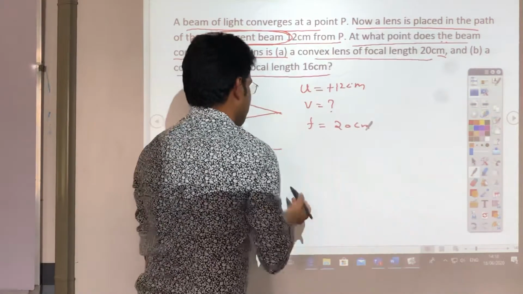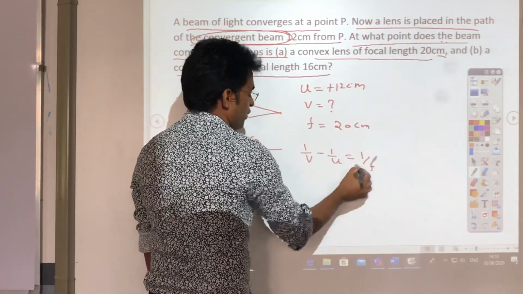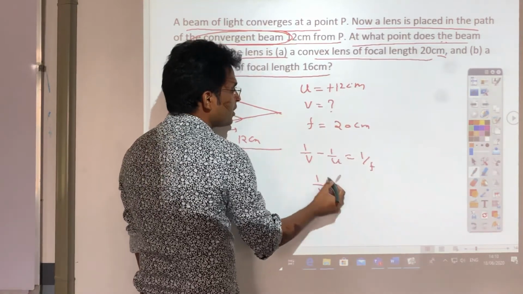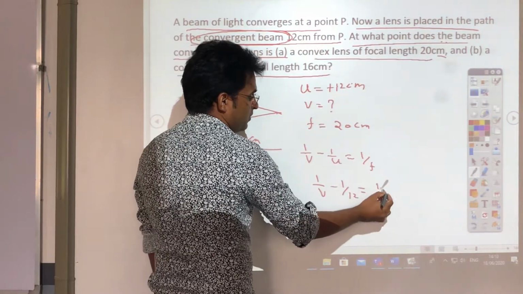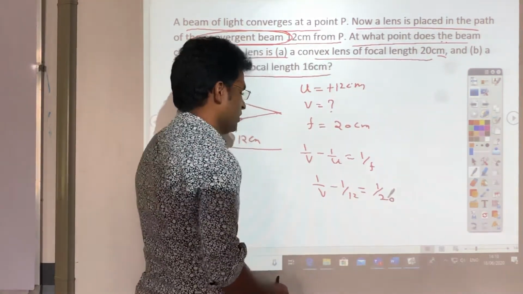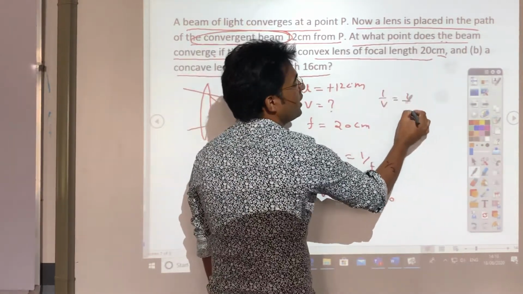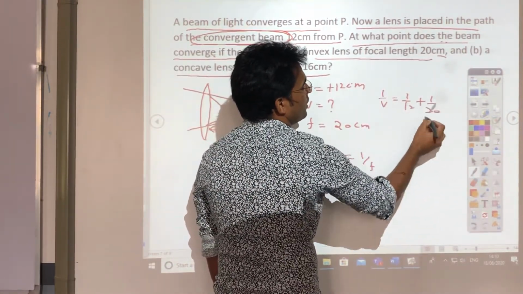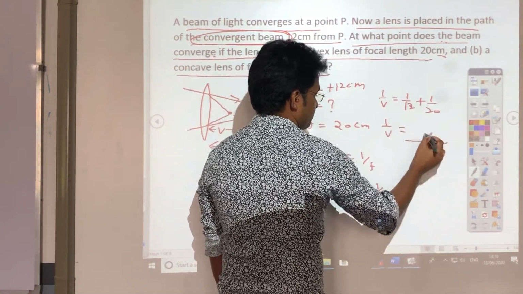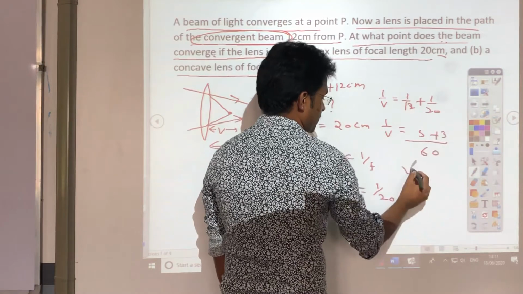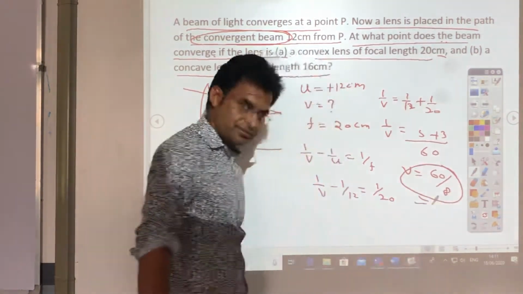Then I can solve 1 by V minus 1 by U is equal to 1 by F. U is 12, so 1 by V is equal to 1 by 12 plus 1 by 20. The LCM I can write as 60. This is 5 plus 3, so V is equal to 60 divided by 8, a positive value. This is the right answer.